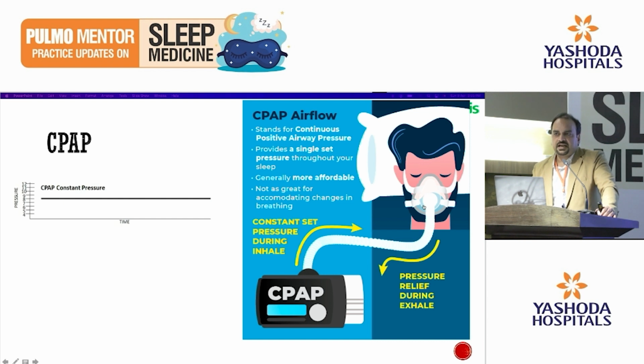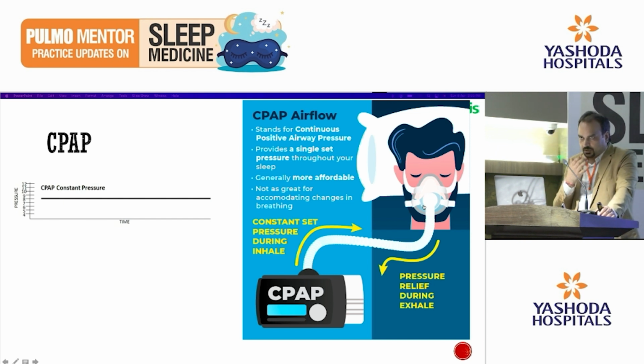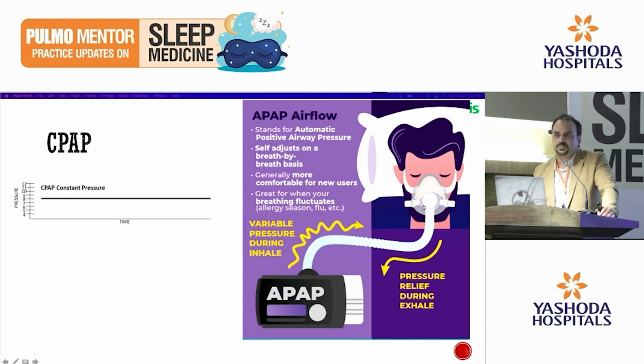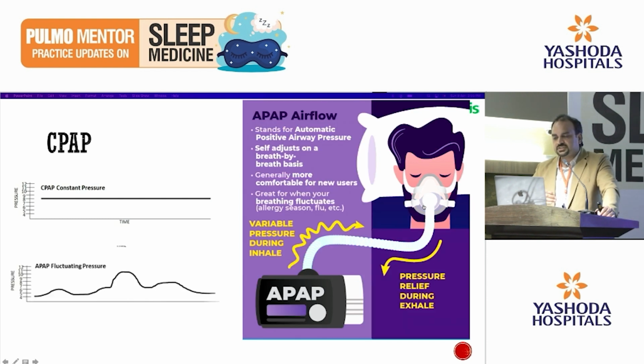Many of the patients have positional sleep apnea that we were talking about. If positional sleep apnea is there, then probably auto CPAP is the best option. Why? Because it auto titrates itself as per the need of the patient, whether the patient has a high requirement during the supine position, or the requirement goes a little down during the lateral position.